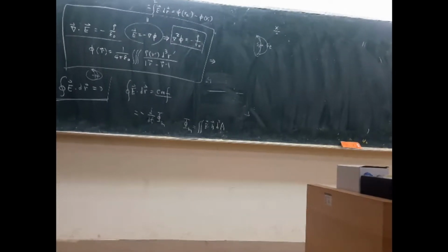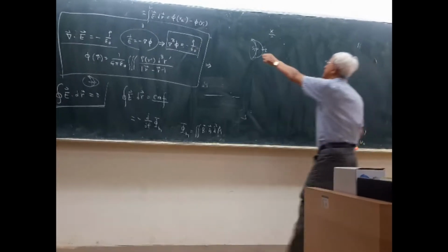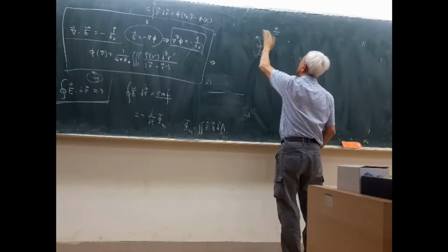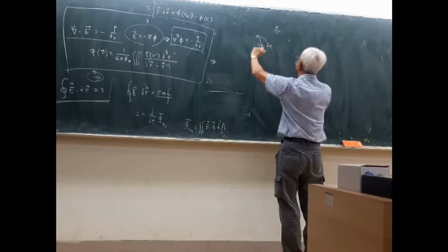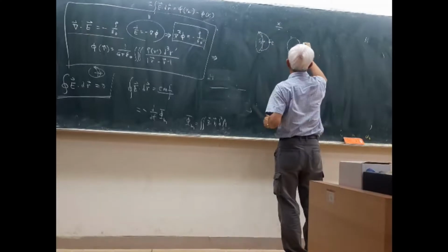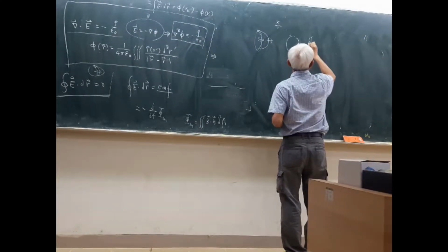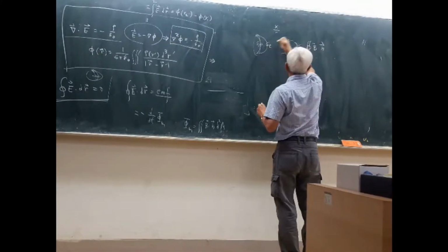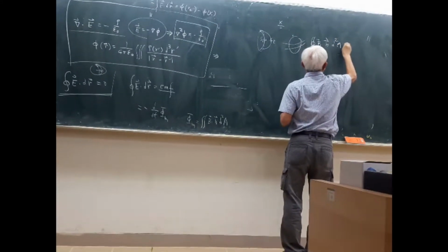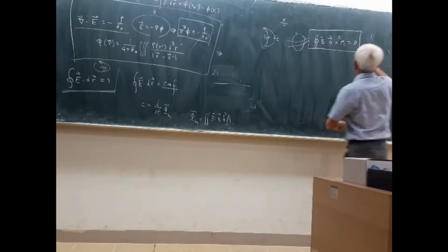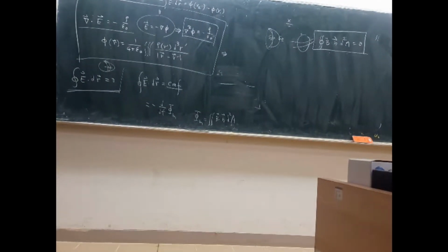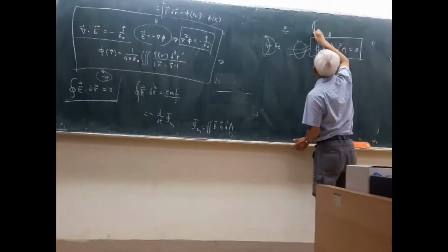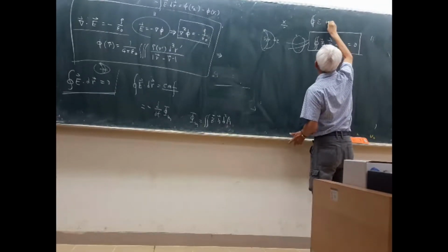So the total magnetic flux doesn't depend on the surface. That means the total magnetic flux in and out is always the same. It's always 0. That is a negative version of Gauss divergence theorem, right?